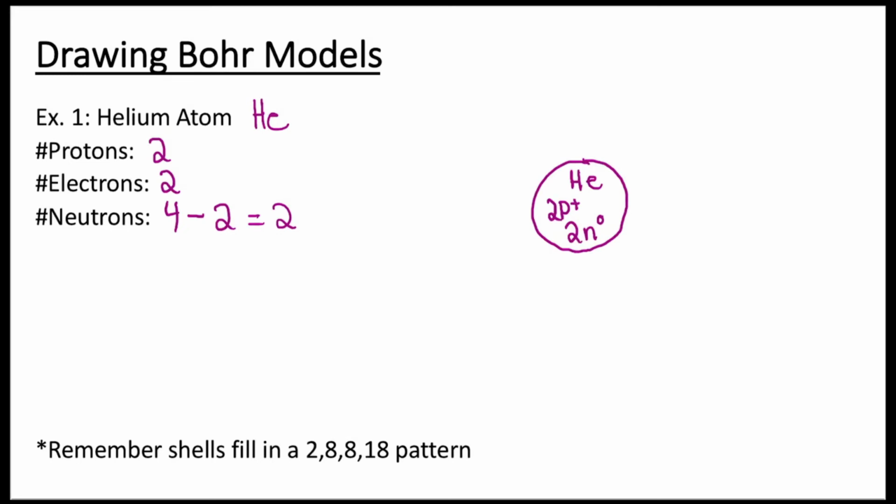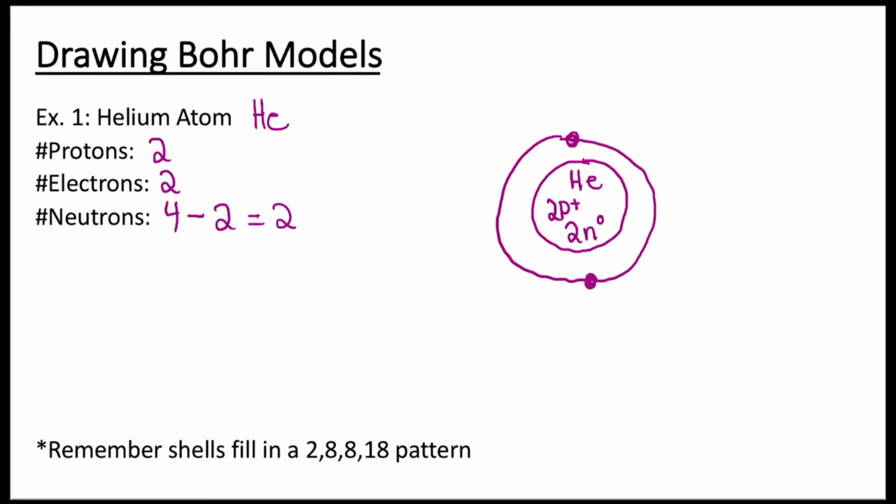From here, we're going to draw our first shell. Sorry, my circles are awful. This shell can hold 2 electrons, and helium only has 2. So in this case, I'm going to draw 2. Different teachers will teach you how to place the electrons in a different way. I was always told to separate them at first, going around.